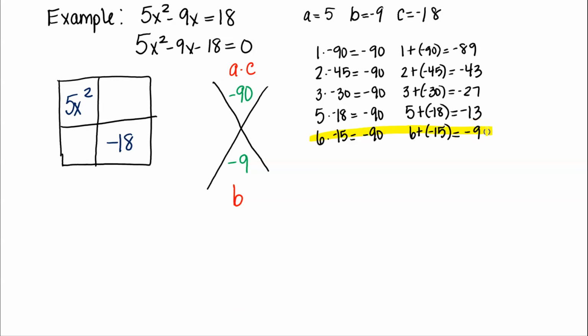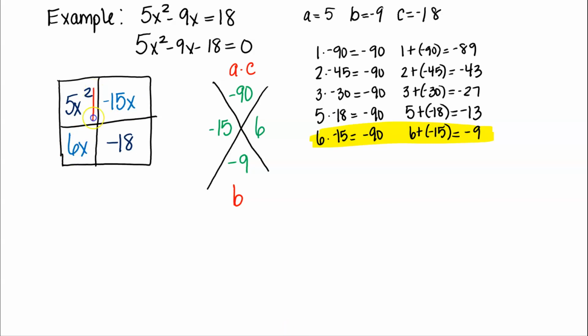So there is the combination that gives me both my product of negative 90 and my sum of negative 9. So I have negative 15 on one side, positive 6 on the other. So I fill those in. So I have a negative 15x and a 6x that I'm going to fill in.